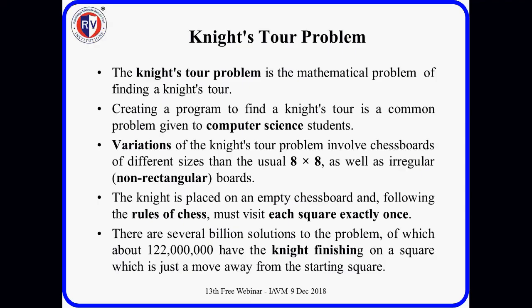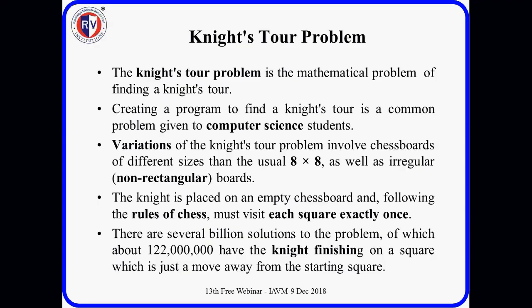There are variations of the Knight's Tour. The variations involve chessboards of different sizes than the usual 8 by 8. This is the usual Knight's Tour problem, as well as irregular ones, where we can have not only 8 by 8, we can have 5 by 5 or 4 by 8, 4 by 12, 4 by 16, such problems also, where we have to find the Knight's Tour.